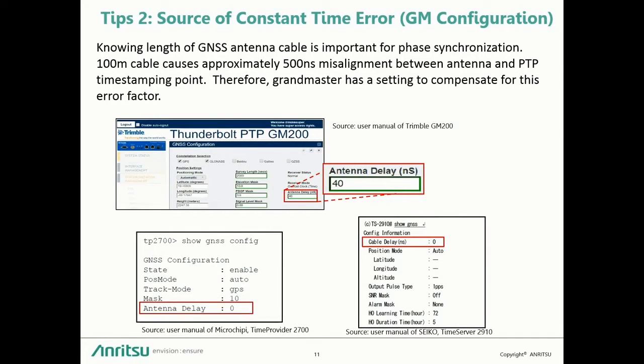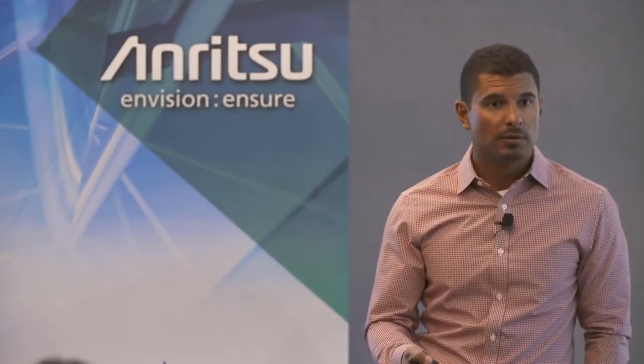In one customer example, they had 4,000 nanoseconds put into that setting. I mean, 4,000. And we asked them why, and they said, well, that's because that's what the manufacturer told us to put in here. Okay, well, does that mean they measured the cable, right? They must have a very long cable connecting their antenna to their grandmaster.